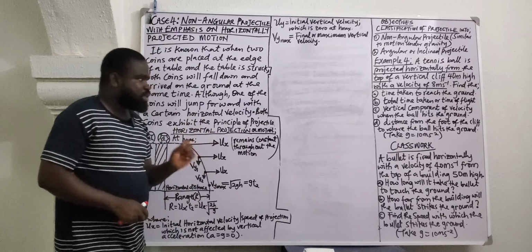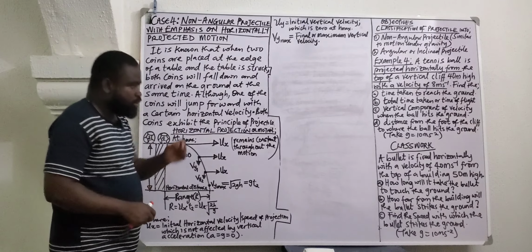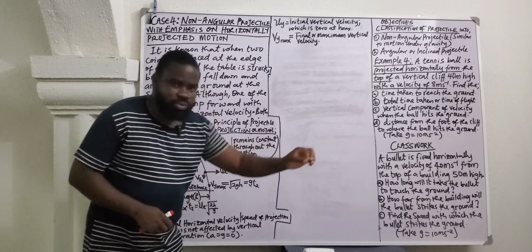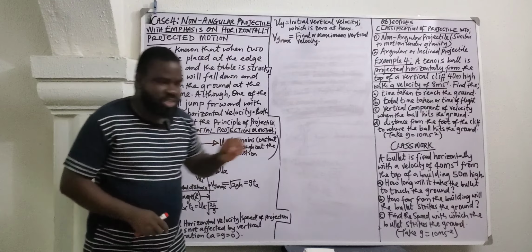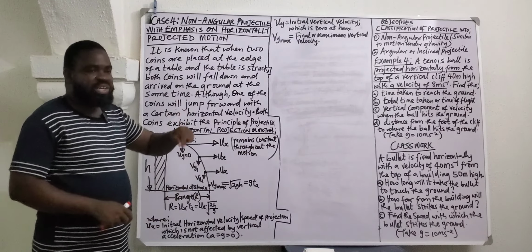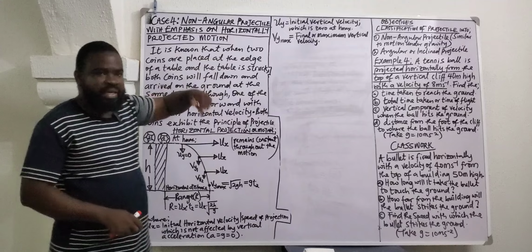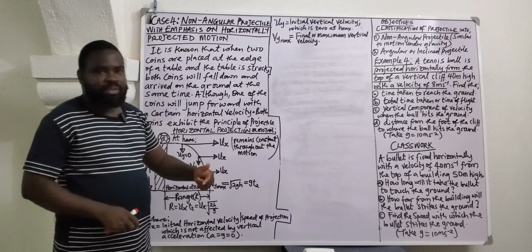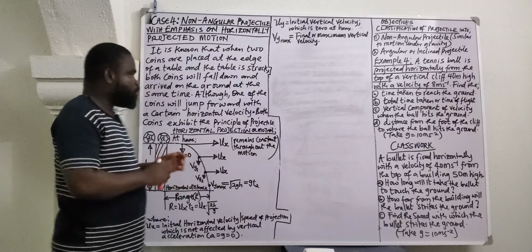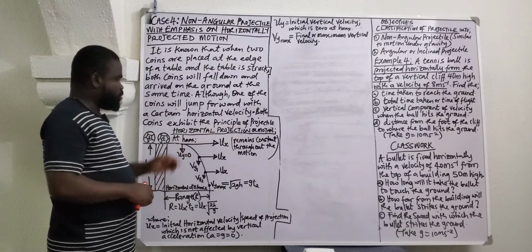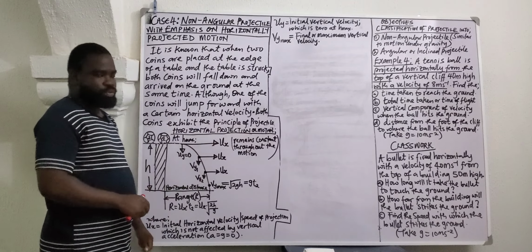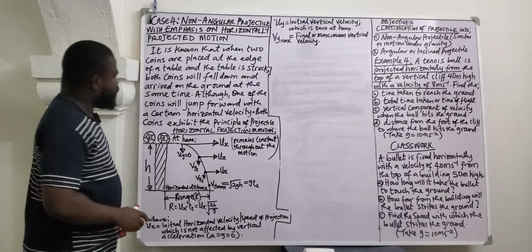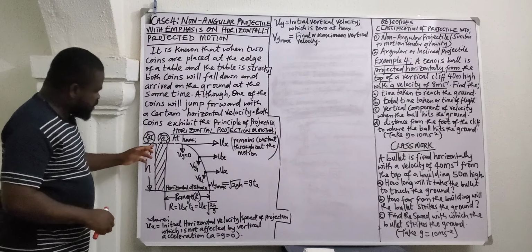So you have to take keen note of it. You'll be told the body is thrown horizontally or projected horizontally with a velocity from a height. So once you read that part of the question, your mind should come to horizontal projection or horizontal motion. So let's take this analogy.